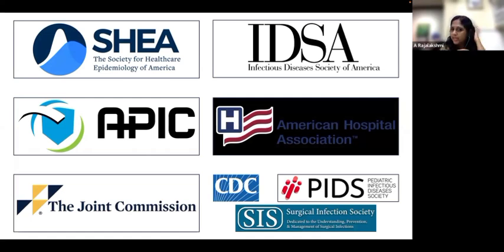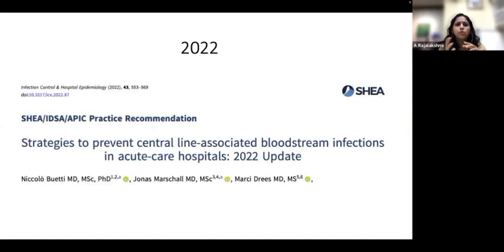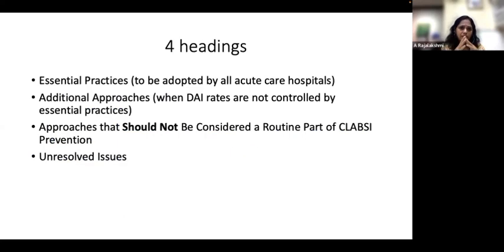SHEA, IDSA, APIC, Joint Commission, JCI, CDC, the Surgical Infection Society, everyone has come together, and they put together a beautiful document called the CLABSI compendium. There are other guidelines also that they have put forward. This was recently updated in 2022, and it has put forward some changes from the previous one.